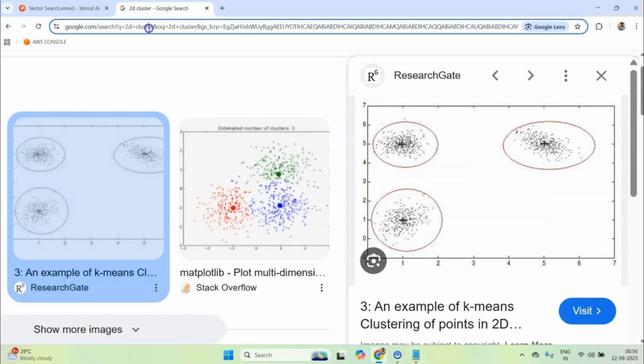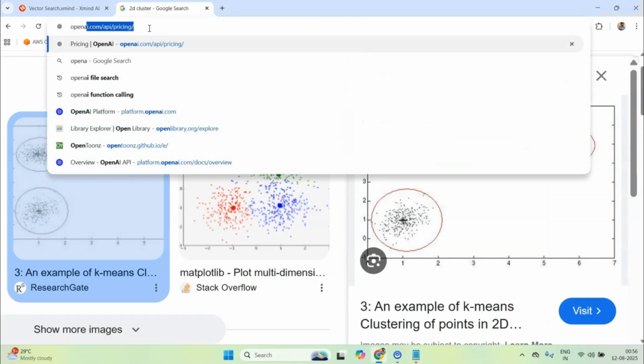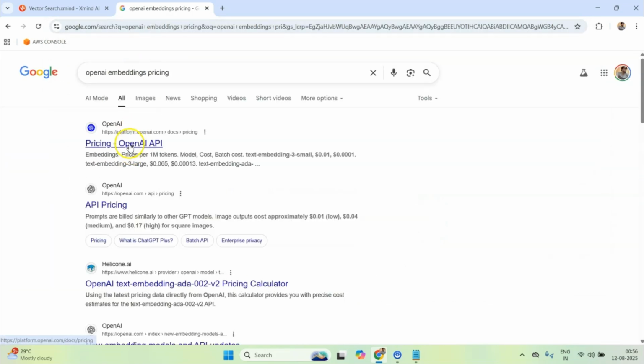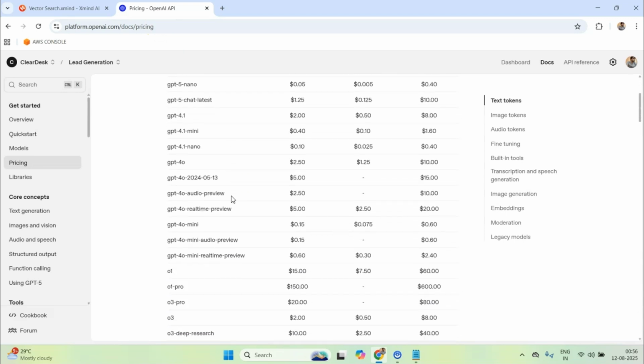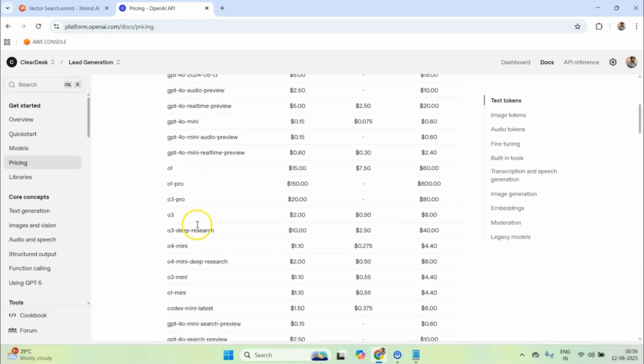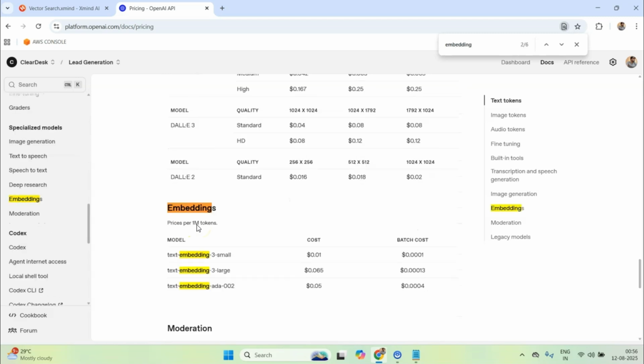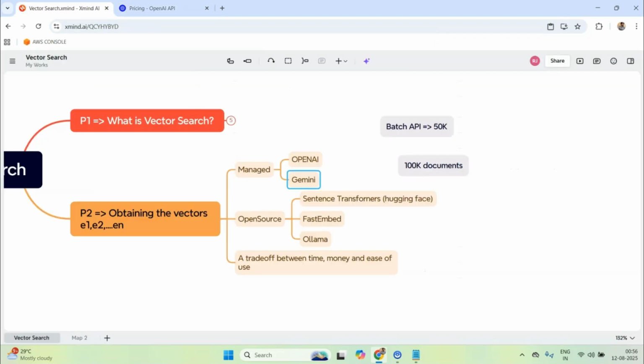Let me check the pricing of OpenAI embedding pricing. So if we go to embedding, let me search embedding. Okay, so yeah, I was right. So the cost of each API call is this, but batch API, remember I told you about batch API.